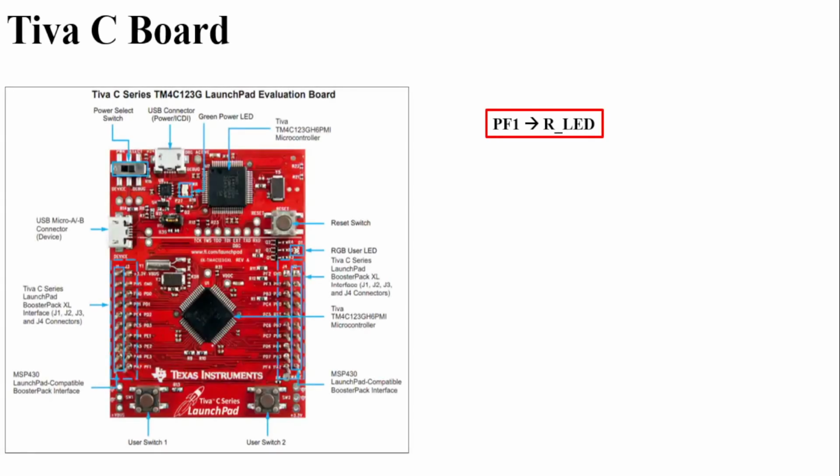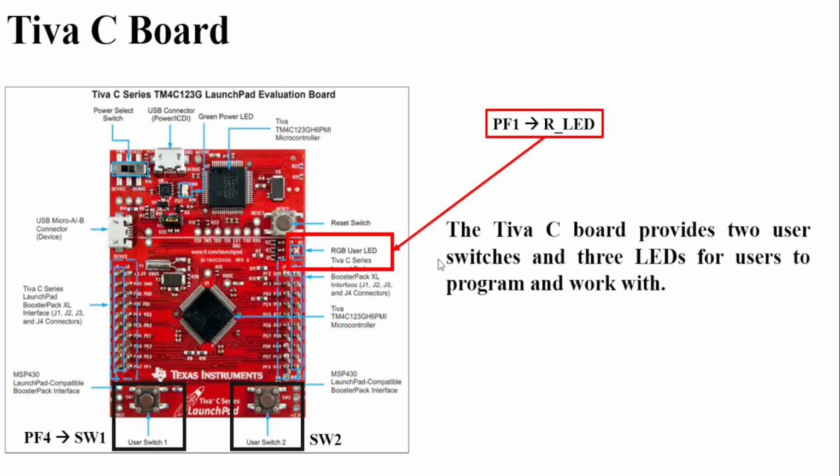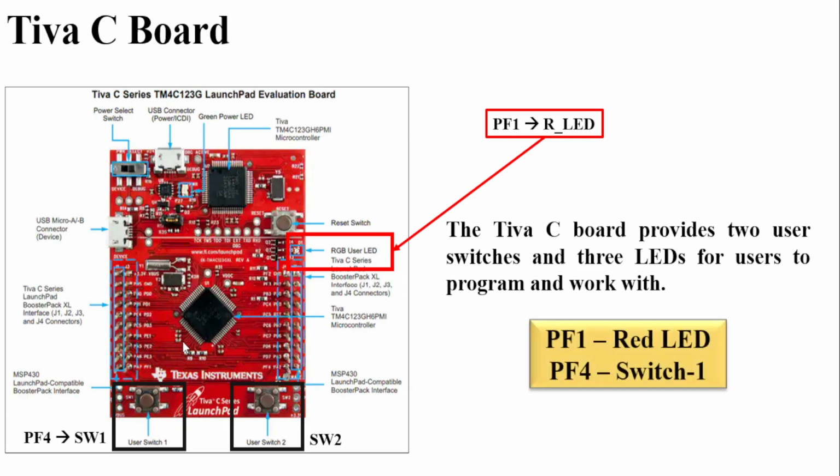We know that on the Tiva C board we have three user LEDs, which are RGB user LEDs, and two user switches, switch 1 and switch 2. So in this project, we are going to toggle the red LED, which is connected at PF1, port F's first bit, using PF4, which is switch number 1.